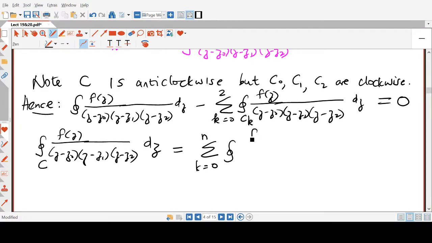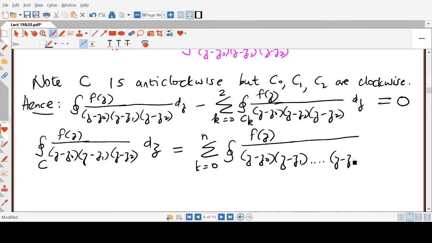I'll just write it as n, f of z over z minus z0, z minus z1, dot dot dot, up to z minus zn, dz. You can have as many of those holes as you need.